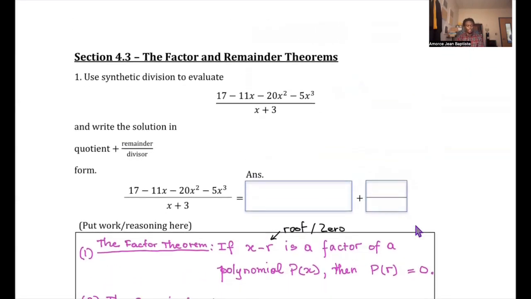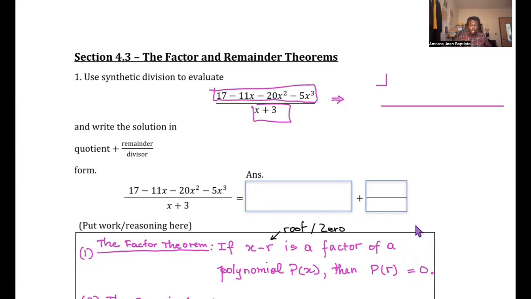So let's practice a little bit on synthetic division. When performing synthetic division, we first need to set up the problem. However the problem is presented, you must first identify your dividend and the divisor.